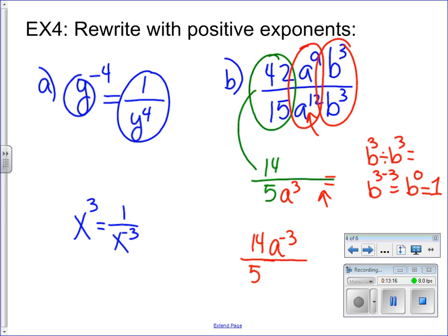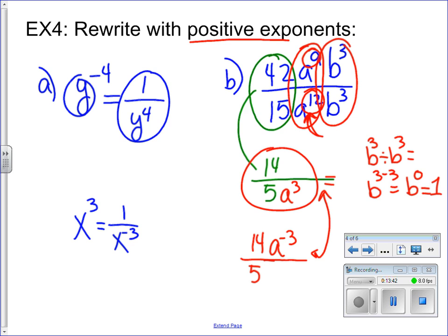These are equivalent to each other. Since the directions clearly say with a positive exponent, this is the one I'm going to take. So keep in mind, again, that we know where to put things, meaning the top or the bottom, if we look at where the bigger number was. The 12 was bigger than the 9, so that means the remainder went on the bottom.